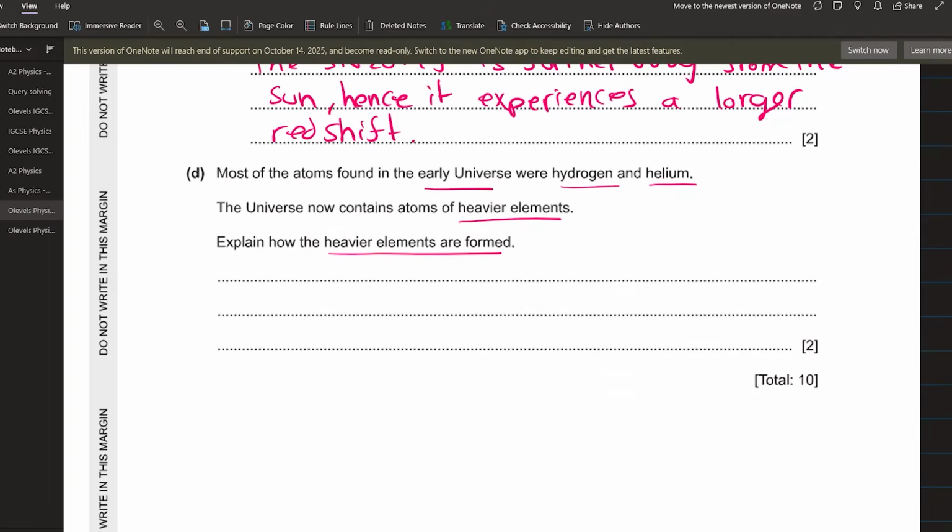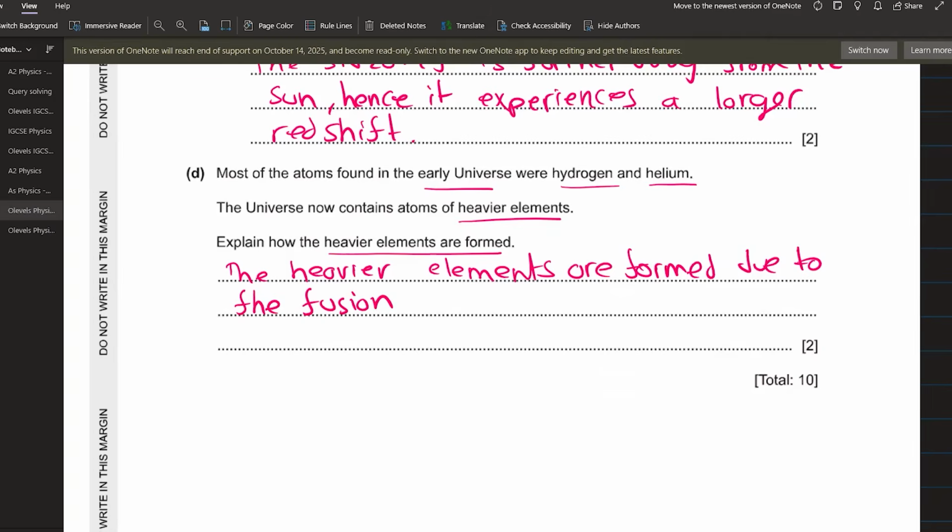You will say the heavier elements are formed due to the fusion of hydrogen and helium.